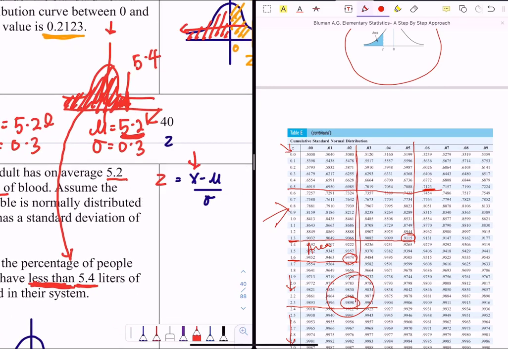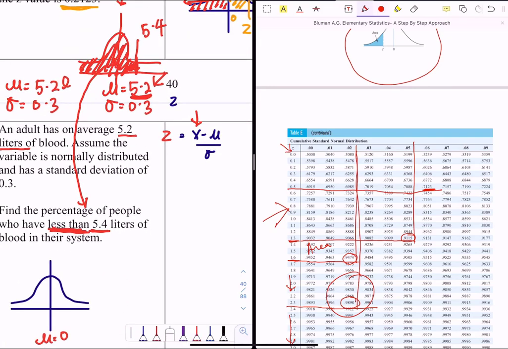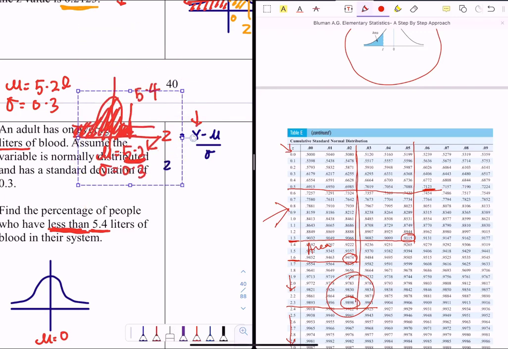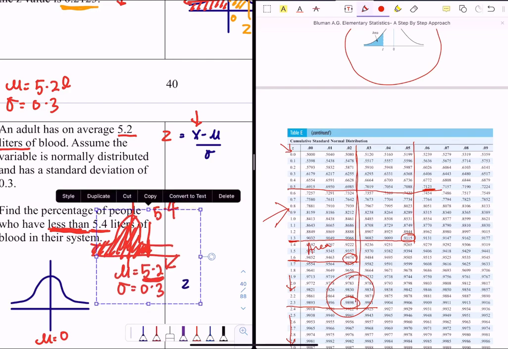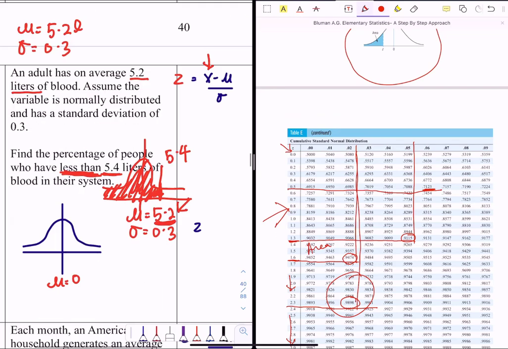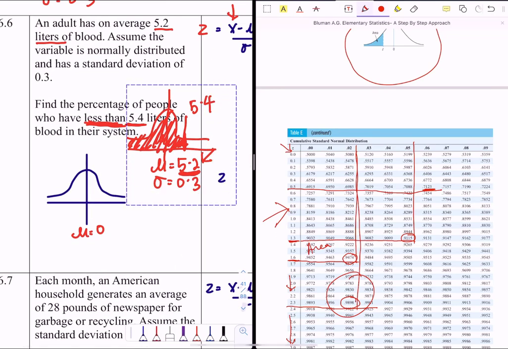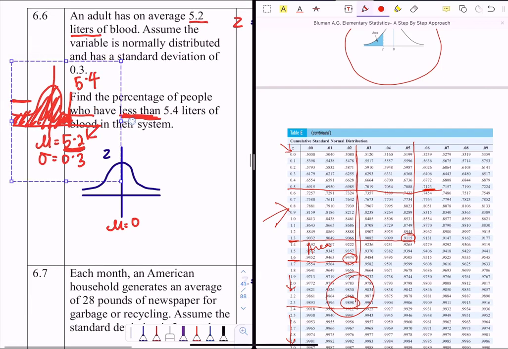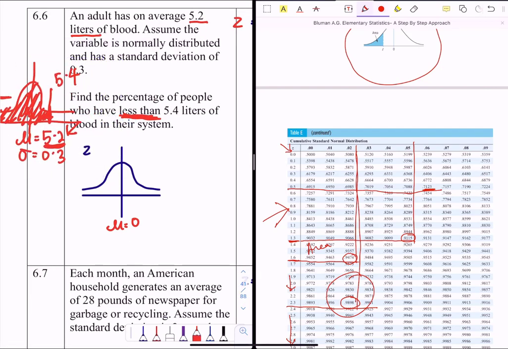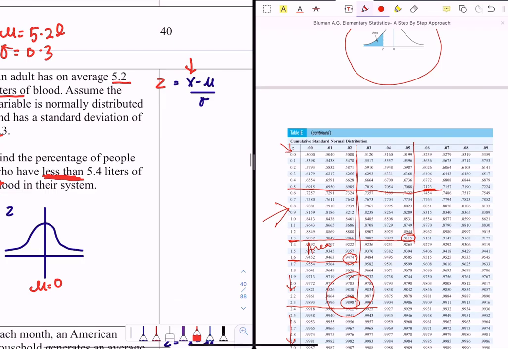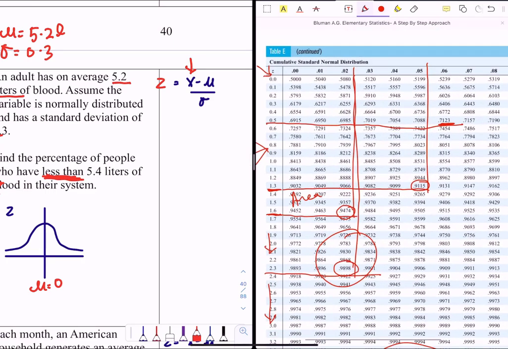Now we have new information, and all of this information we have to change to this one, so that we can use the table.